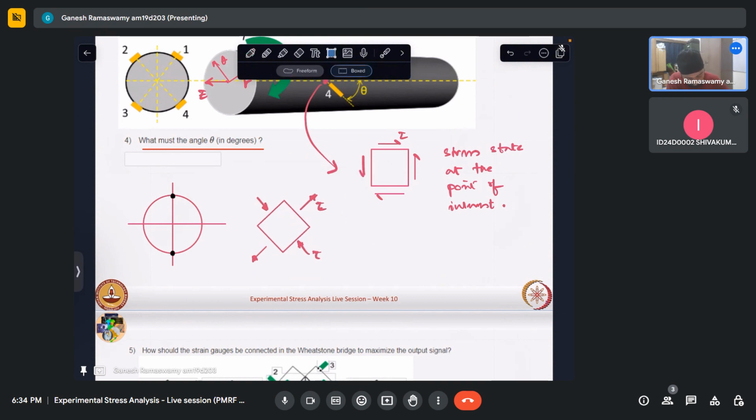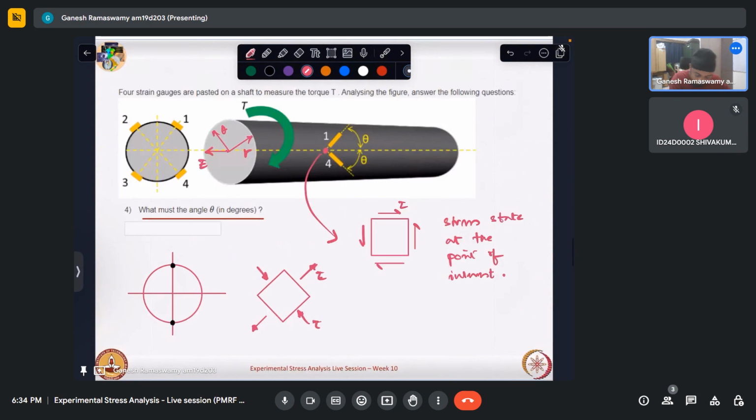So in this case, we know that a strain gauge can measure the strain along its gauge length. So we will have to orient this such that it captures this. If we orient our strain gauge like that, it will capture this strain, which we can later convert to stress and back calculate what would have been the measure of tau, which we can relate to the torque by our simple torque equation.